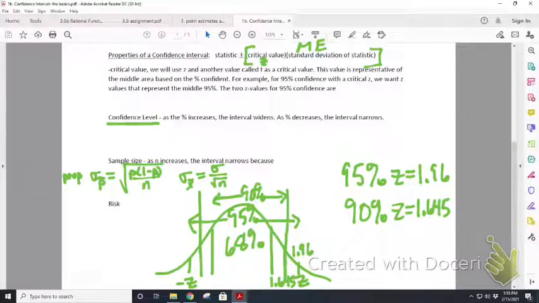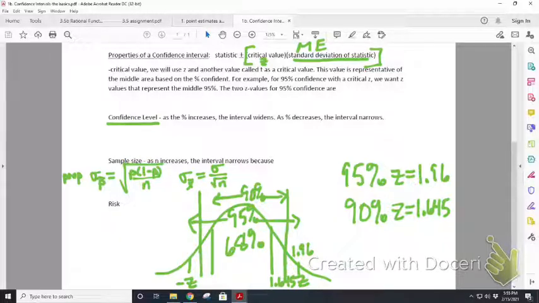If n increases, doesn't that mean I'm going to be dividing by a bigger number? That's going to shrink the standard deviation. And then look up at the margin of error, right up here. I'm going to be multiplying by a smaller number. So as n increases, it's going to shrink the margin of error, naturally narrowing the interval.